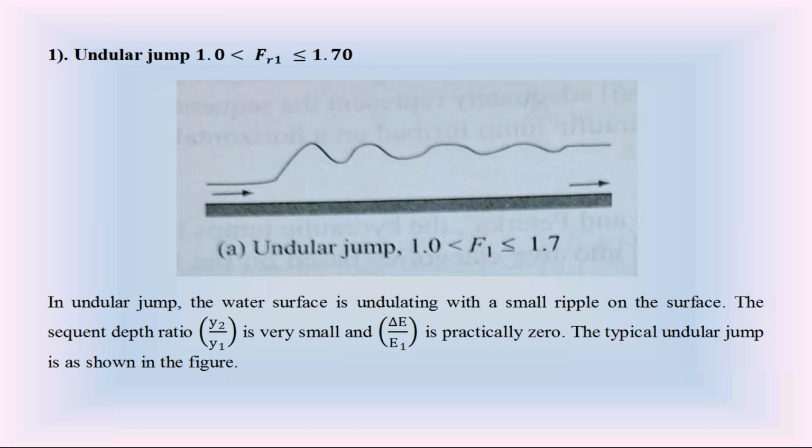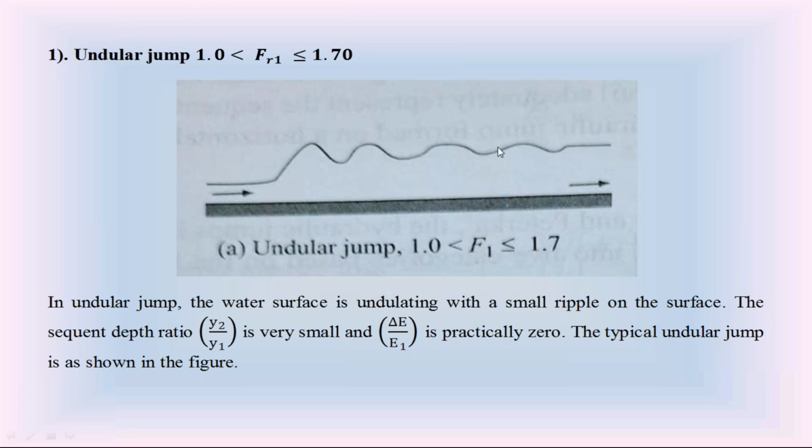That hydraulic jump is called angular hydraulic jump if the FR1 value, that is the Froude number before the hydraulic jump in supercritical condition, is between 1 and 1.7. So if the Froude number FR1 is greater than 1 and less than or equal to 1.7, we call the hydraulic jump an angular hydraulic jump. Small ups and downs are there in the water level.